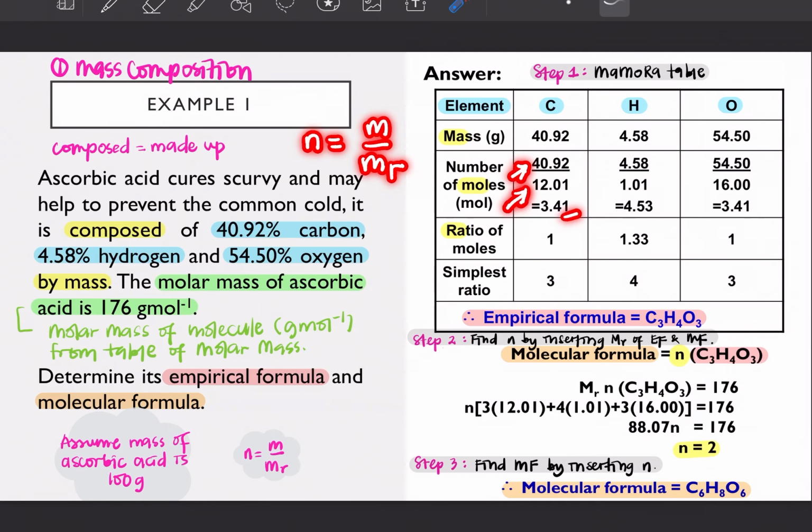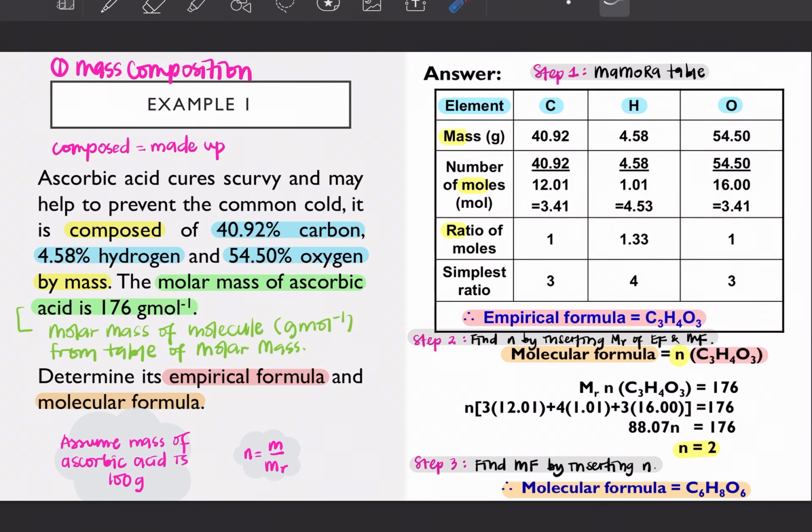And then you will get your number of moles. So this is 3.41 mole, right? So make sure bila awak draw this table, you must write the unit accordingly. If you don't write it here, you have to write it here. Satu-satu. So make sure lah, jangan tinggal.